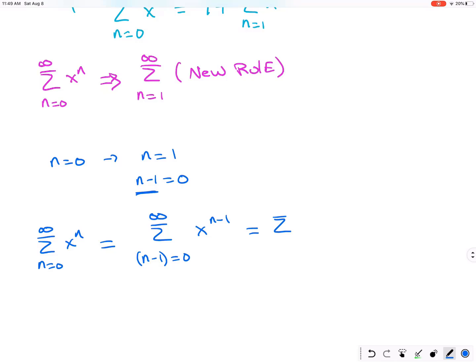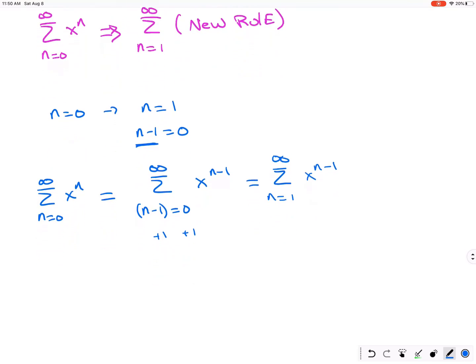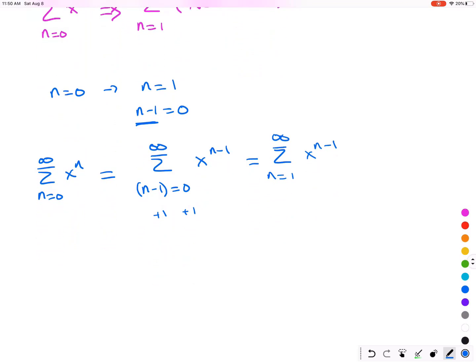And so when I simplify this, this is a summation, and so I'm adding 1 to both sides of that equation down there. So this is a summation as n equals 1 to infinity of x raised to the n minus 1. And now let's see what happens when I write out the first few terms.